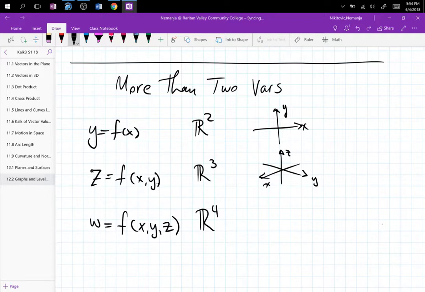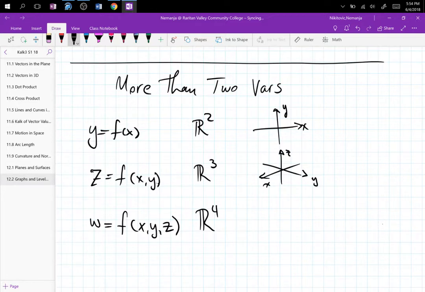If I provide an XYZ location of a point close to here, I might get, I don't know, 130 degrees. And then I provide a point here, a different XYZ in the same function, it will compute the temperature to be, I don't know, 96 degrees.